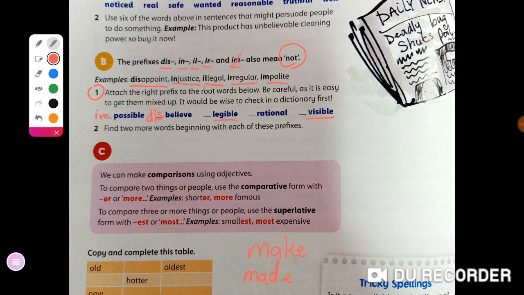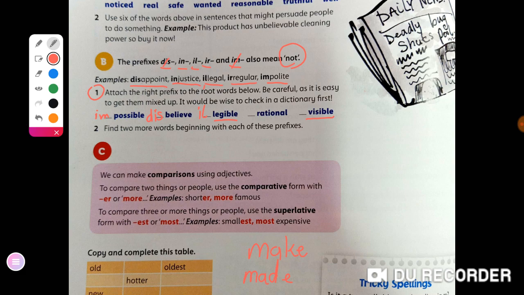Legible. Is it dislegible, or illegible, or inlegible? You can stop the video and check a dictionary if you want. All right, if your answer was ill, then you are correct.